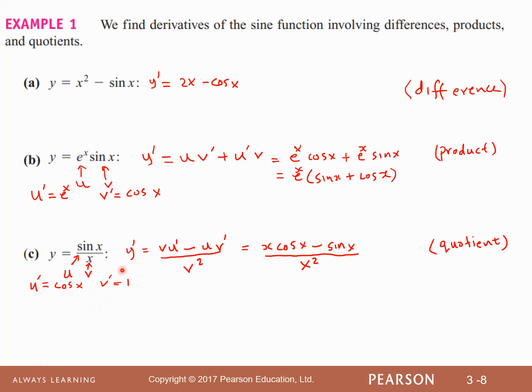Now we use the rule y prime equals v u prime minus u v prime, divided by v squared. So v is equal to x, u prime is cosine x, so x cosine x minus u, which is sine x, multiplied by v prime, which is 1. So just minus sine x, divided by v squared, which is x squared. And that's an example of the quotient.